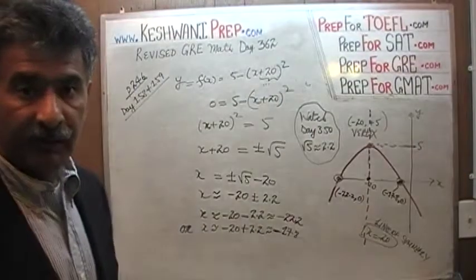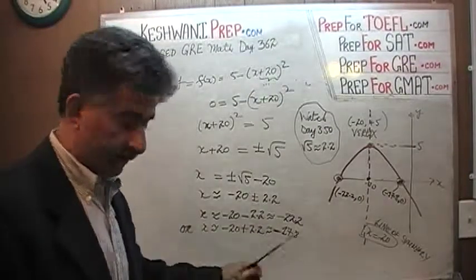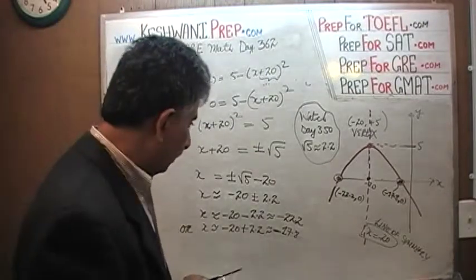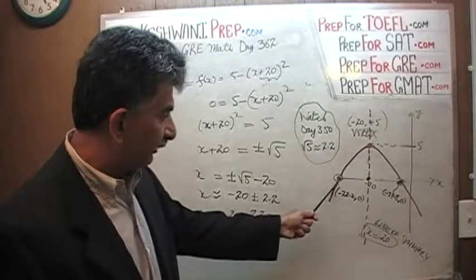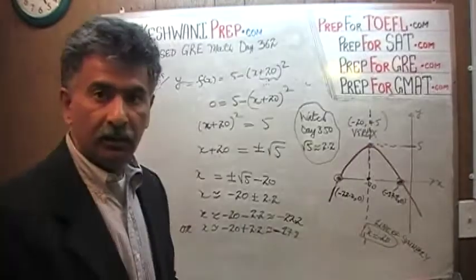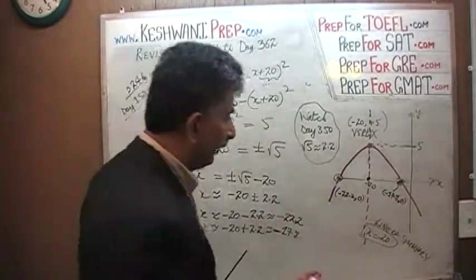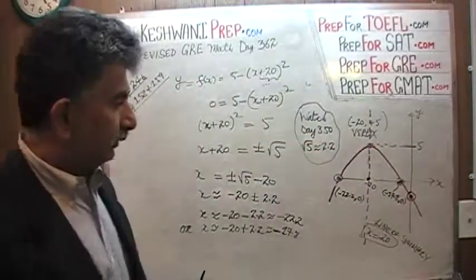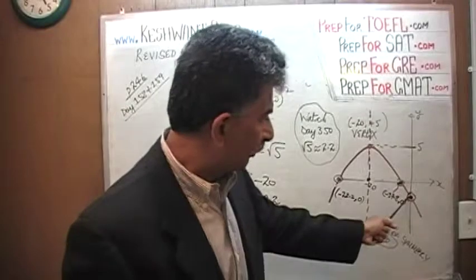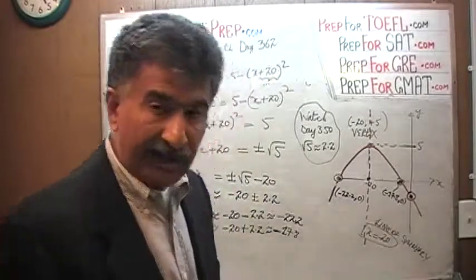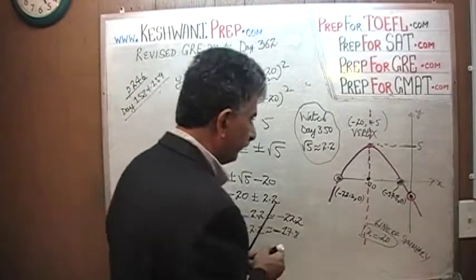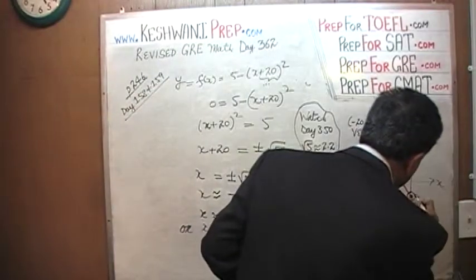What else is left? Is there anything else left for us to figure out? The answer is yes. We have figured out the x-intercepts. We know now where the parabola cuts the x-axis, here and here. But we haven't located the point where it cuts the y-axis. The place where it cuts the y-axis is called the y-intercept, and that's where the x-coordinate is 0.